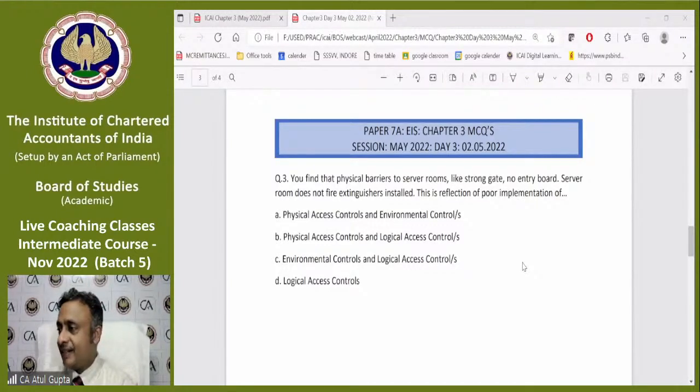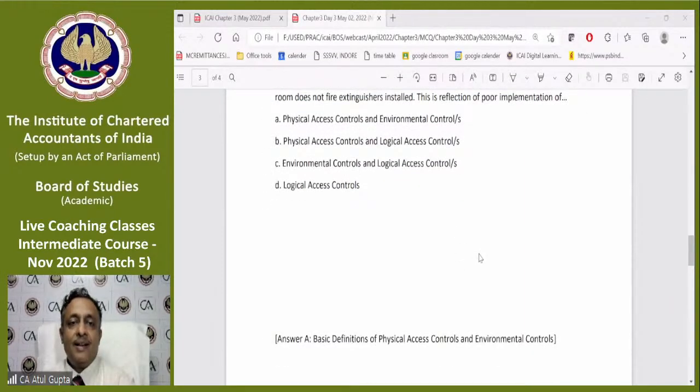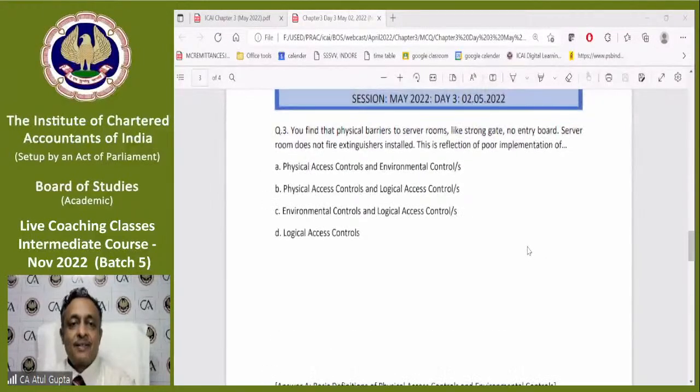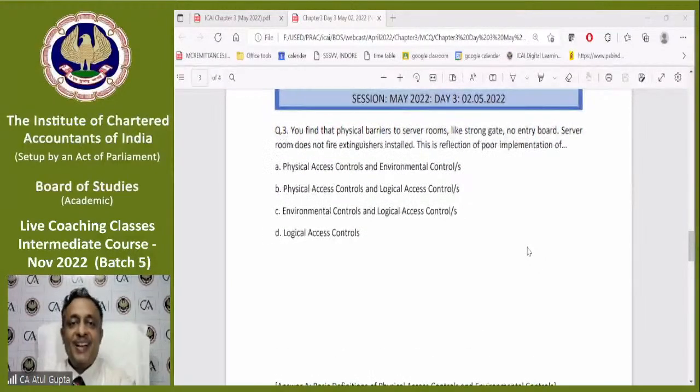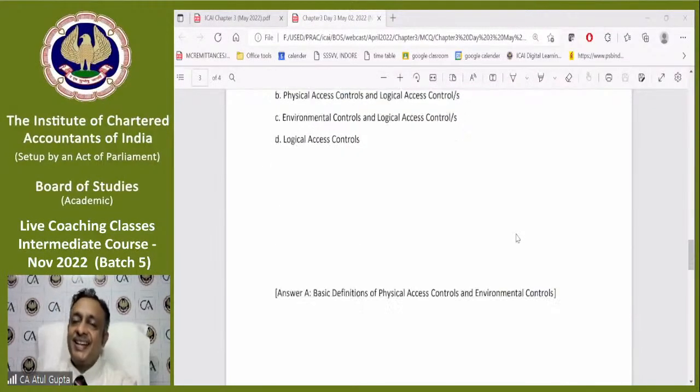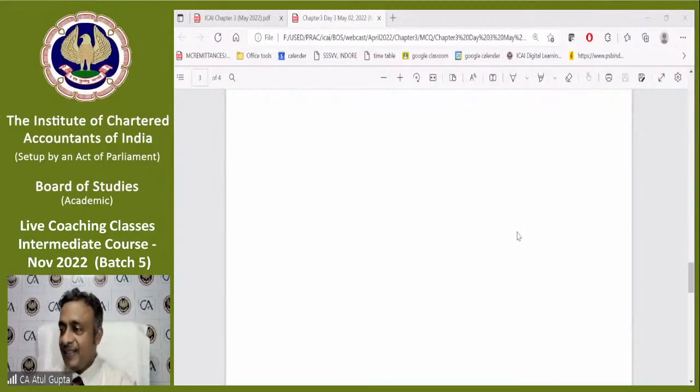You must all answer correctly. 3B. A fire extinguisher is environmental. So 3A is the correct answer. Good. Two people have answered B. Hitesh has answered B.